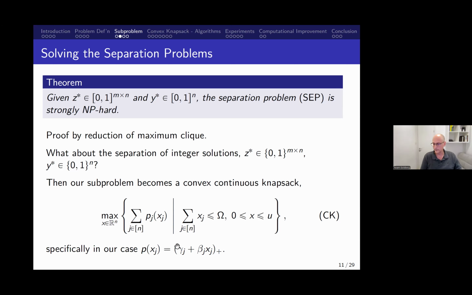So we get the objective in this form, and it's in fact a very specific form of convex knapsack problem. Basically it's piecewise linear with a flat first segment and then a general second linear segment.